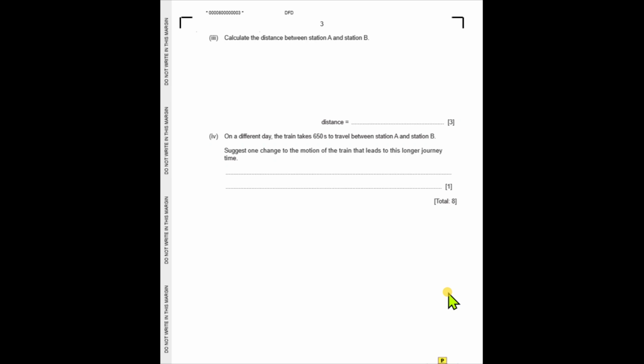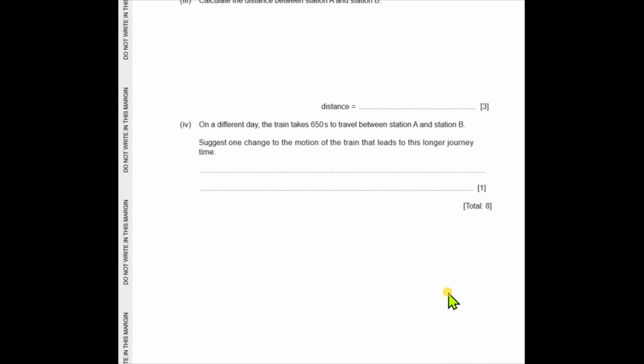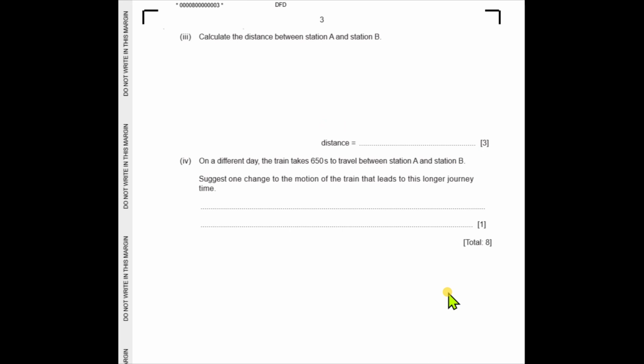Distance is the area under the curve that gives us the distance. So let me zoom it in. We can actually extract the shape of the graph, which is a trapezium, and then the shorter parallel side, which is 400 seconds, and then the horizontal base 530 seconds, and the distance between the two parallel sides is 56.